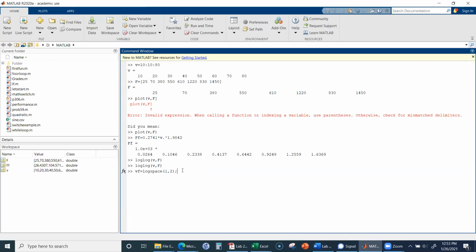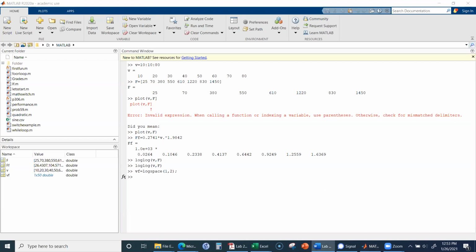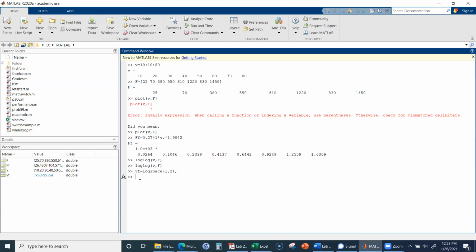In this case, we will be using the log space. And then I will apply this formula again. Okay, and after that, I will apply the log.